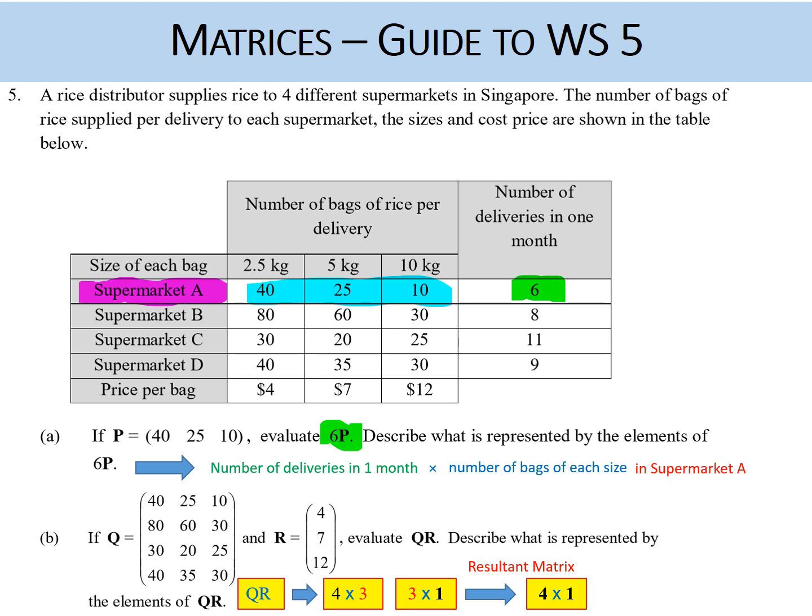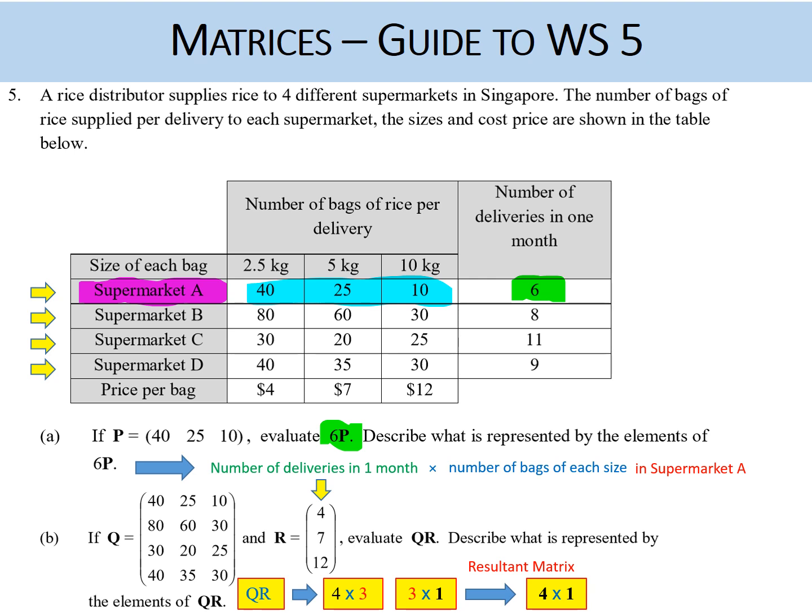Now, when you take a look at 4 by 1 matrix, it simply means there are 4 rows and 1 column. And the 4 rows are referring to supermarket A, B, C, and D. And the 1 column is actually referring to matrix R, that is here, 4, 7, and 12. So when you put this together, remember R is referring to the price per bag, and the question already given to you in a column matrix.